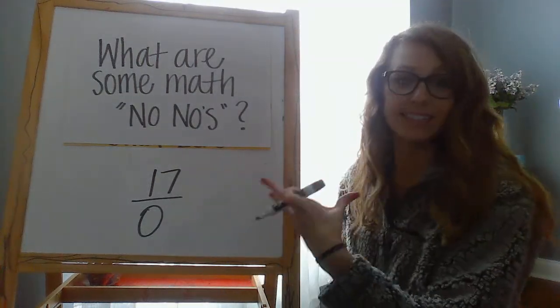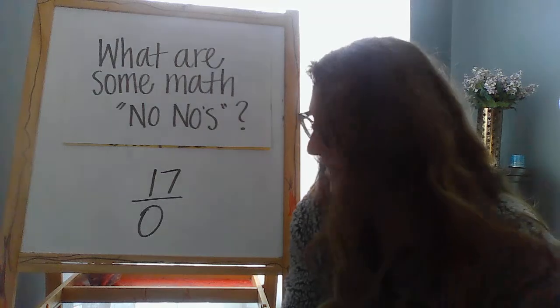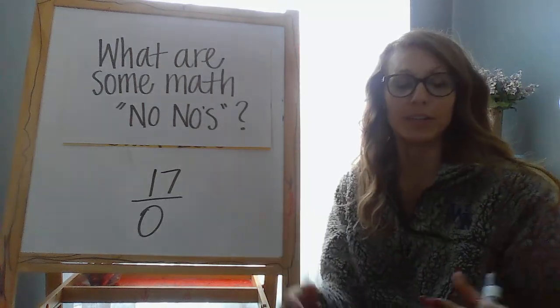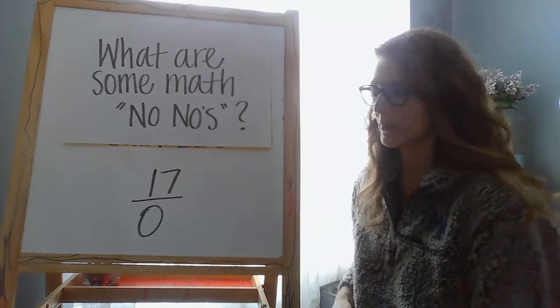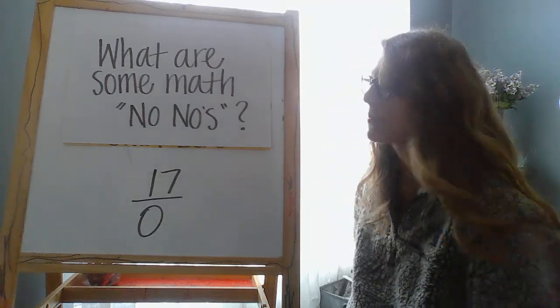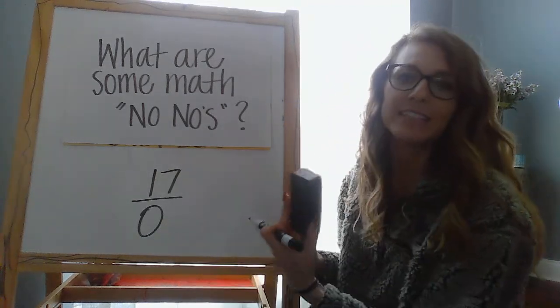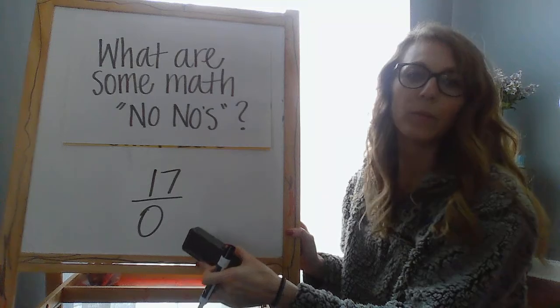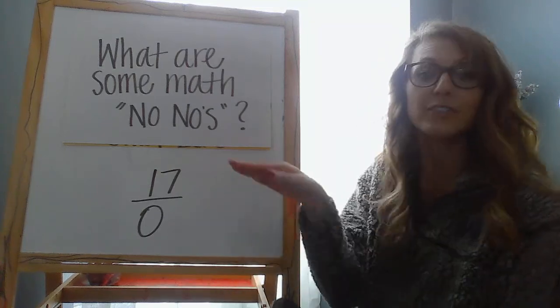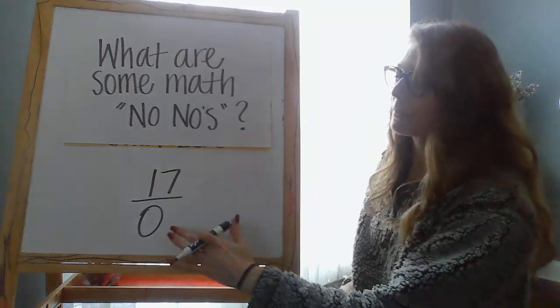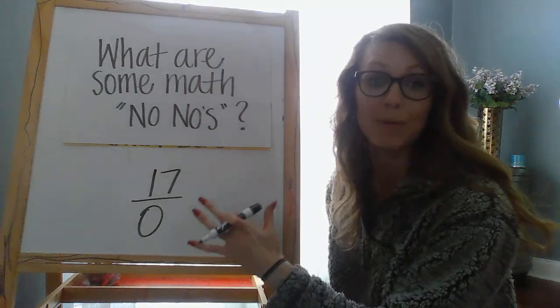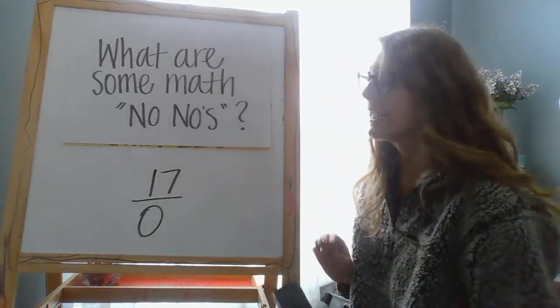It's saying take these 17, let's say, dollars I have and split it into 0 people. Like just make the money disappear. It's like some sort of weird magic. That doesn't happen. So we can't divide by 0. That's another math no-no, and that's going to be the one that we're going to be focusing on today, because when we are dividing functions, we just have to make sure that we don't have 0 in our denominator ever, because that's not possible.